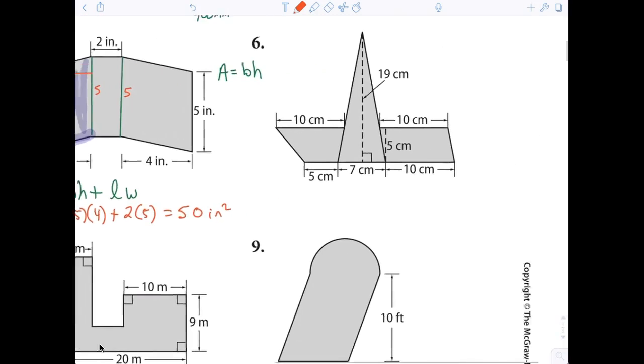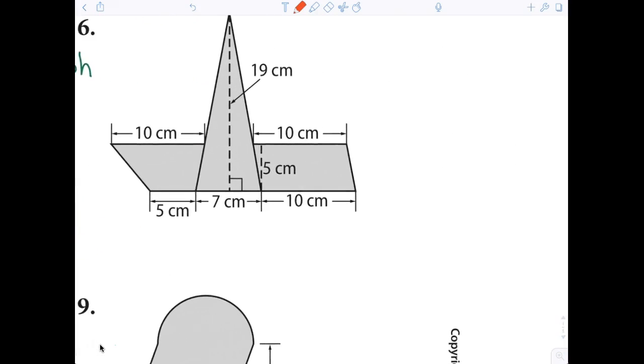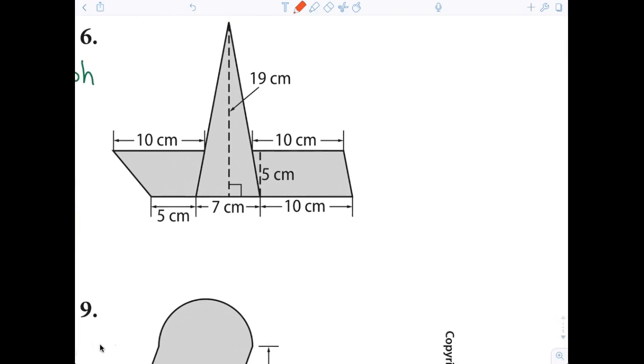Okay, so number 6, yes, it looks like a boat, but what 3 shapes make up the boat? A triangle, a trapezoid, and a parallelogram. Thank you very much. So here we go.